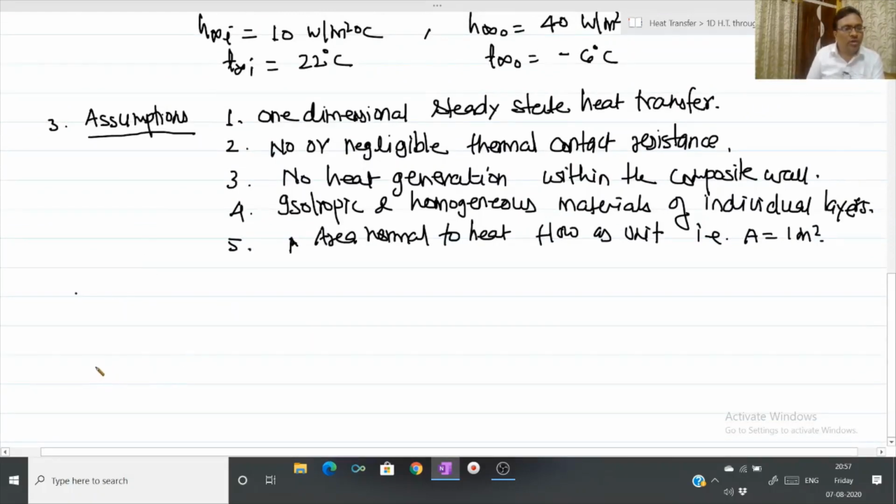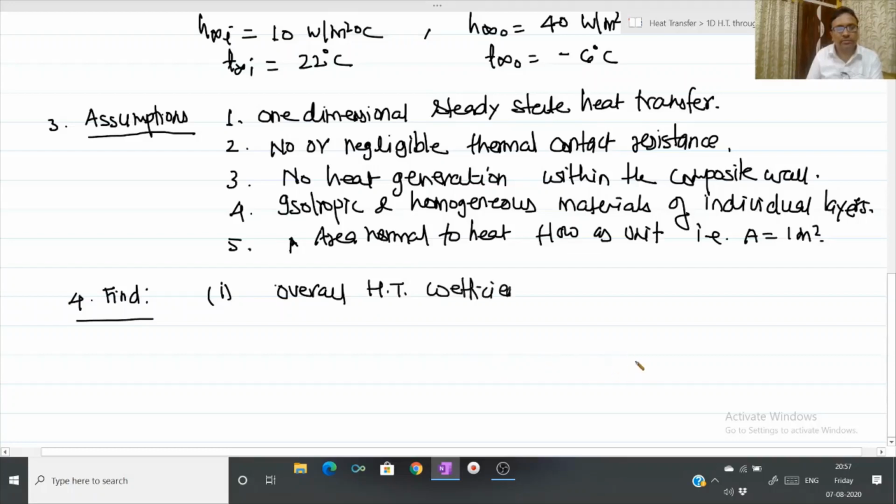Then fourth point, enlist what is supposed to be found out. So first thing we are supposed to find out is overall heat transfer coefficient and symbolically it is represented by capital U. Second thing, we have to calculate total thermal resistance, that is RT.